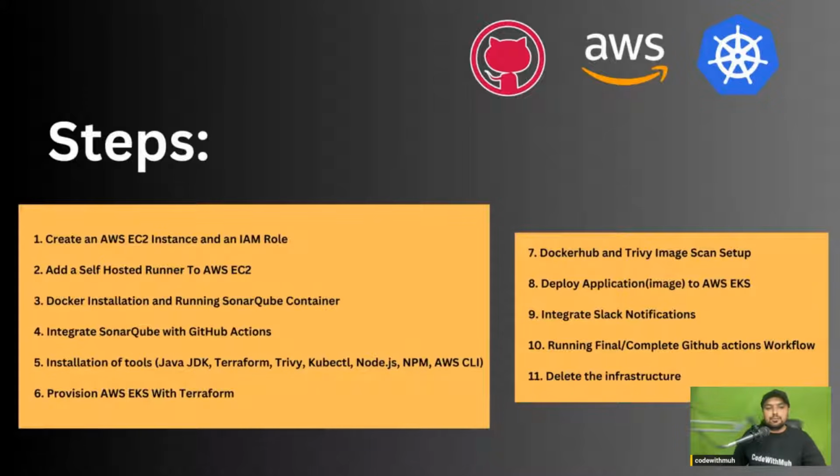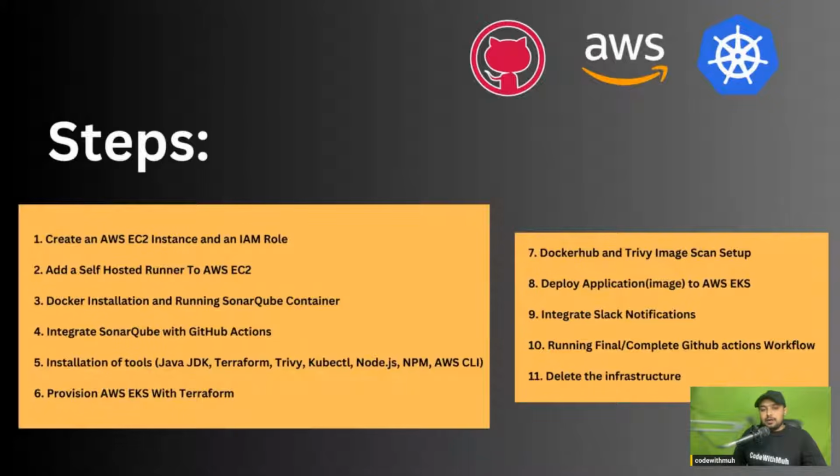Then at point 5 we will install the tools we need to deploy our application on EKS. Then we will provision our AWS EKS infrastructure with Terraform. At point 7 we will be scanning our images. Also we will set up our Docker Hub and push our images to Docker Hub.